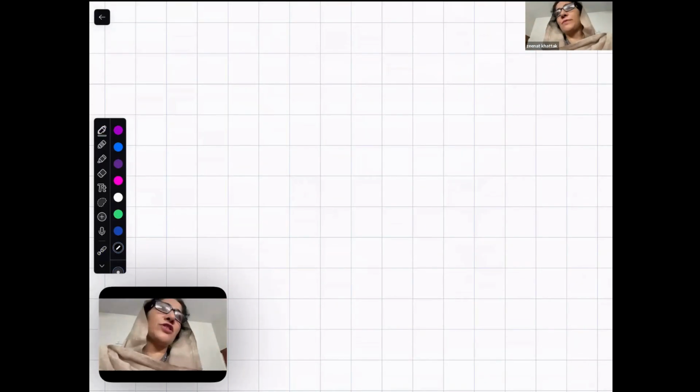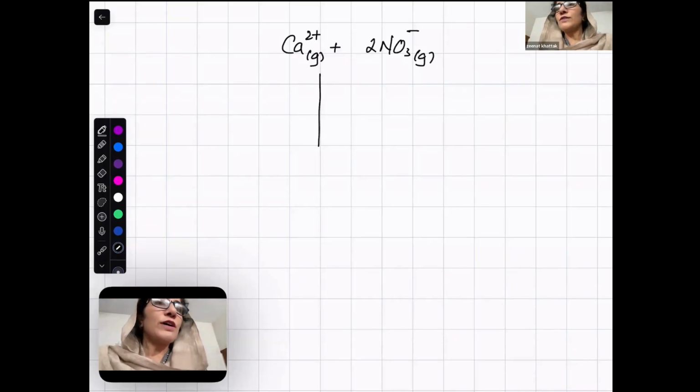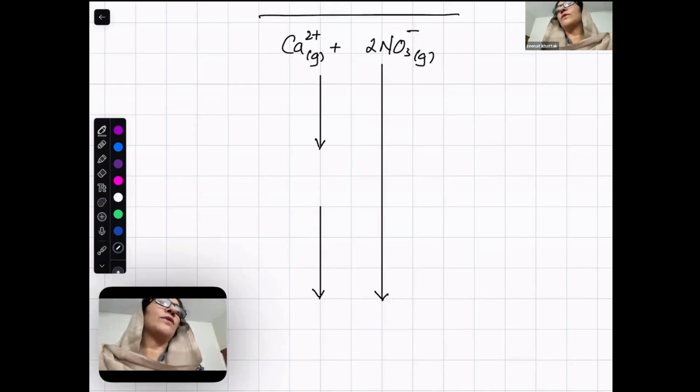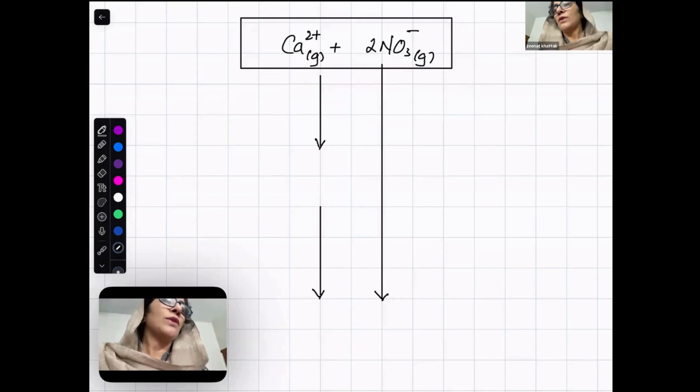Can we draw it for another salt, like calcium nitrate? In calcium nitrate, there is one calcium and there are two nitrates. Gaseous ions first.